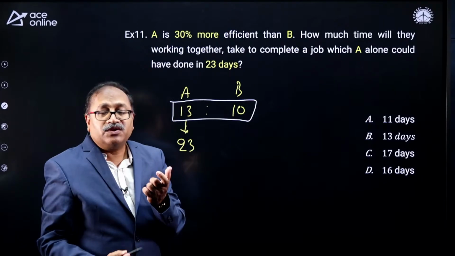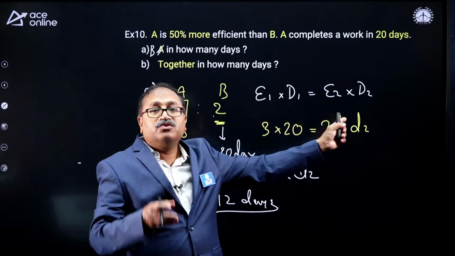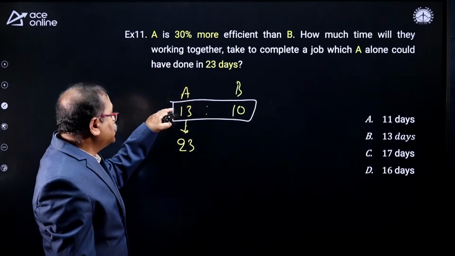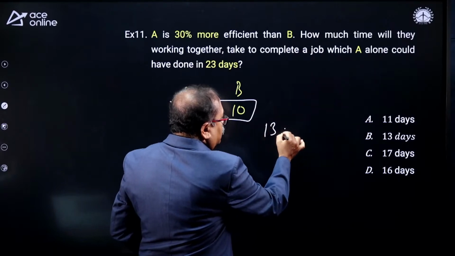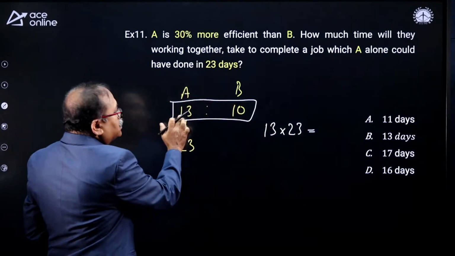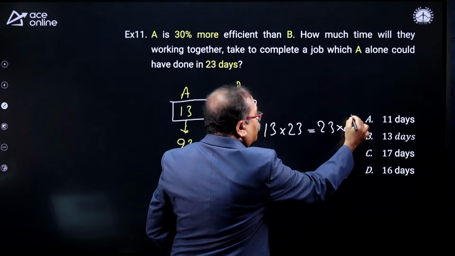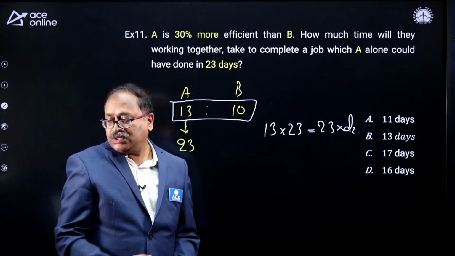So I will use the same formula which we used in the previous question, that efficiency 1 into D1 is equal to efficiency 2 into D2. When the efficiency is 13, the number of days is 23. So if efficiency is 13, number of days is 23, then when the efficiency is 13 plus 10, that's 23, what will be the number of days? Can we find it out? Yes, the answer is visible.